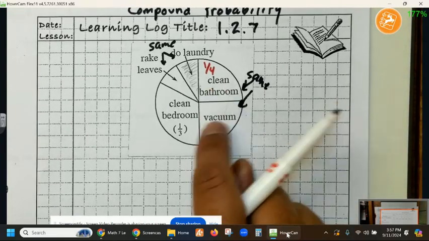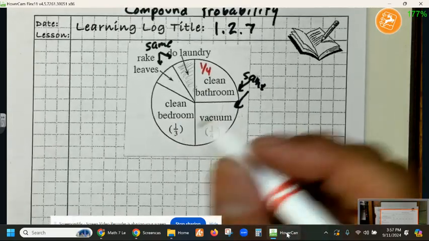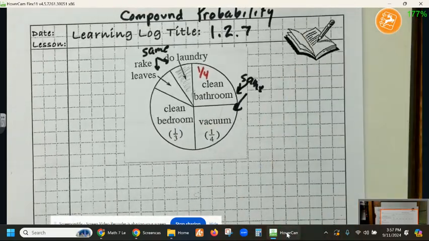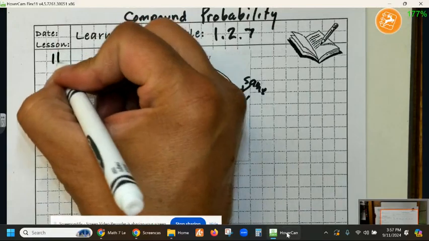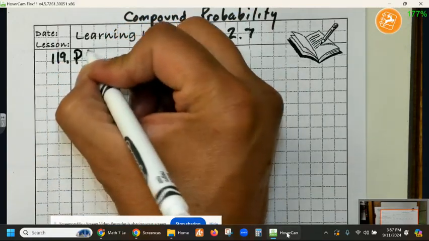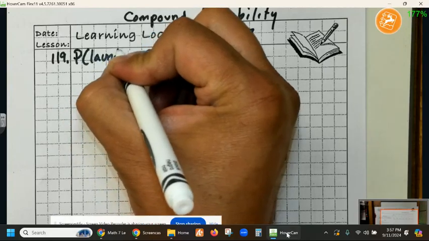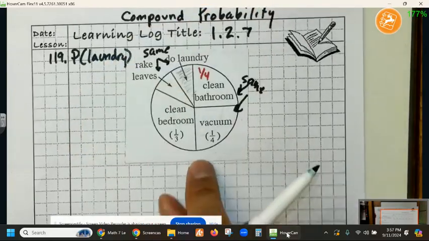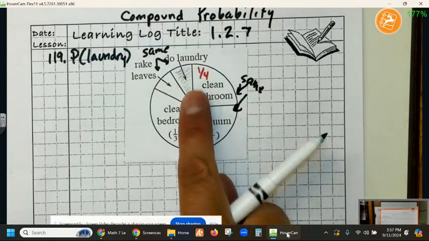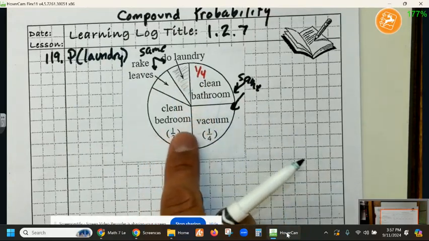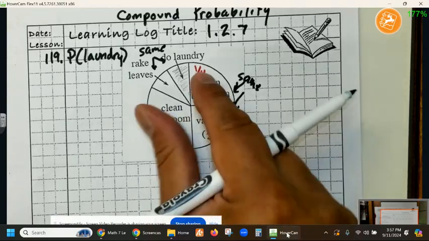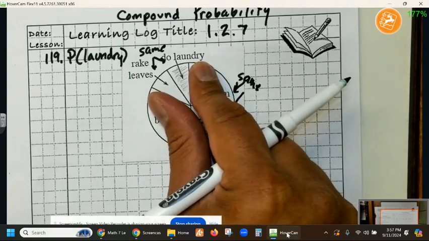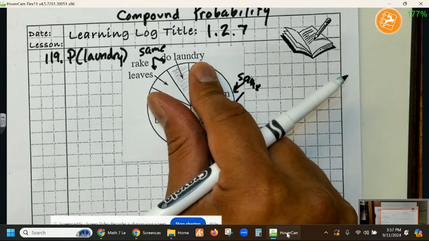All right, so first thing that we're going to need to do, let's see, this is question number 119. We need to know the probability of doing the laundry. So we know that we have to take these 3 fractions and add them together so that we can find this missing portion, right?